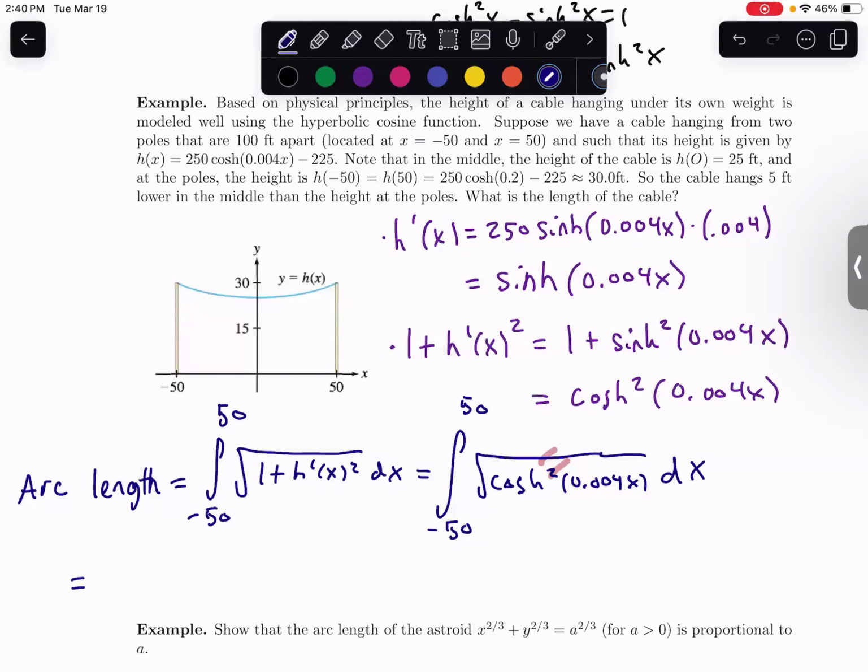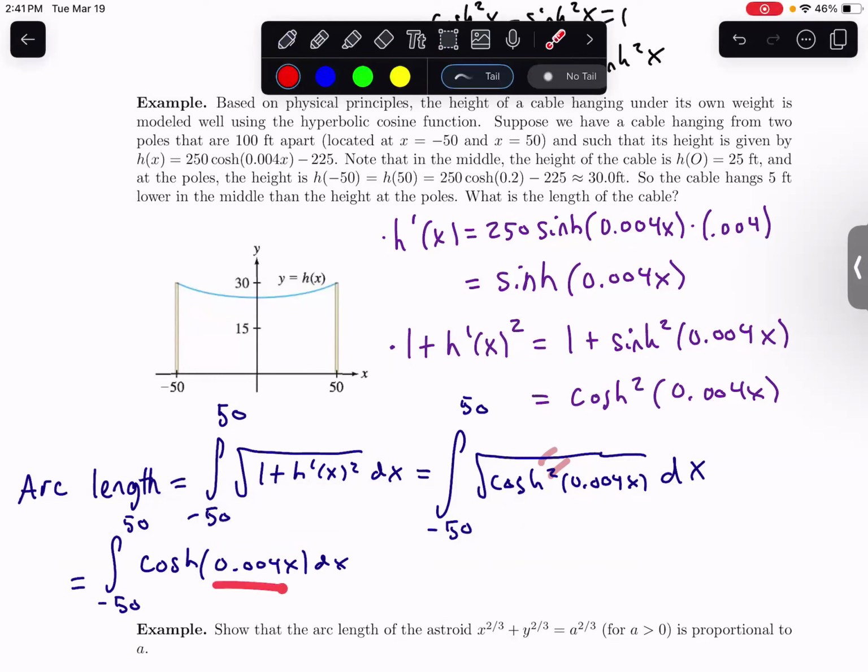This is going to end up being equal to the integral from minus 50 to 50 of hyperbolic cosine of 0.004x dx. Then you could use substitution to determine what this integral ends up being.